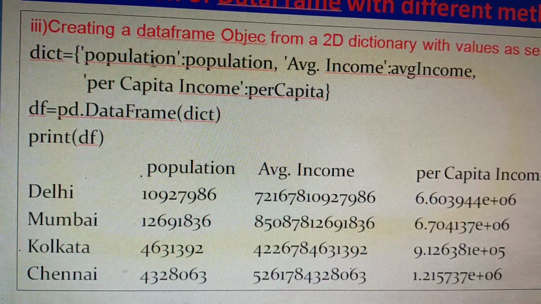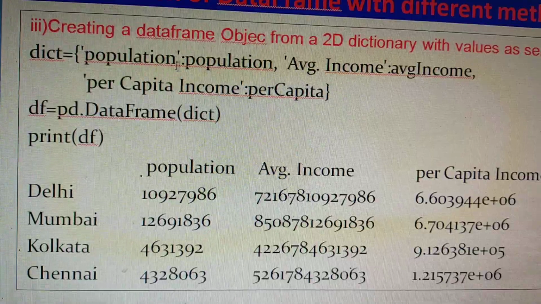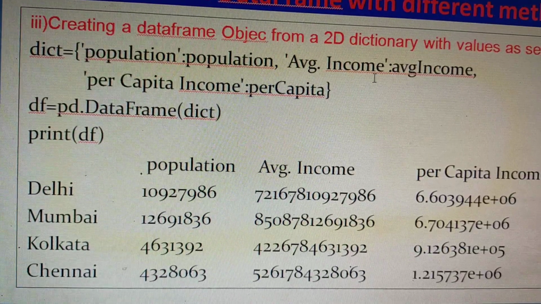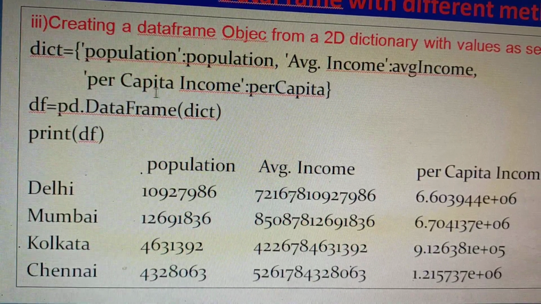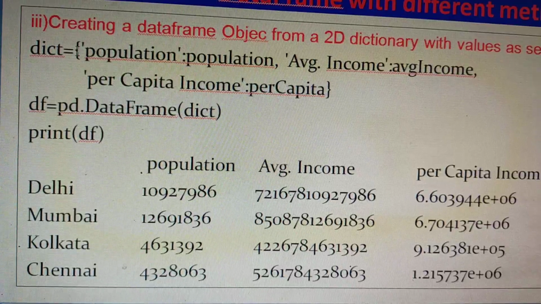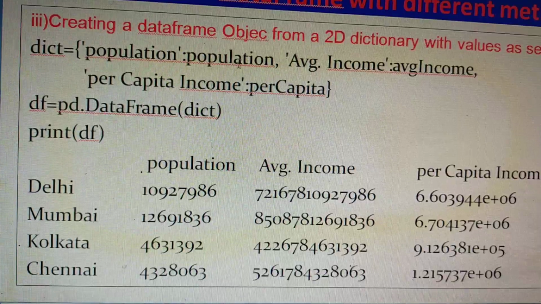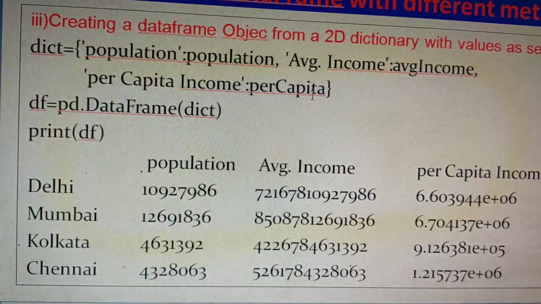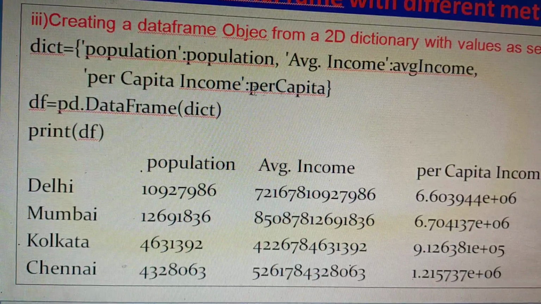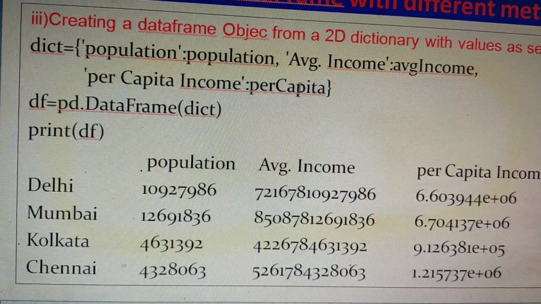These, written inside inverted commas, are all keys, और वैल्यू which are already created as series, population, average income and per capita, ये वैल्यू हैं.